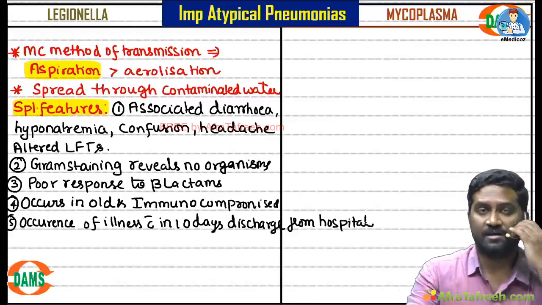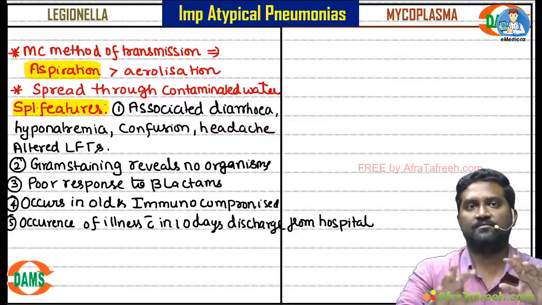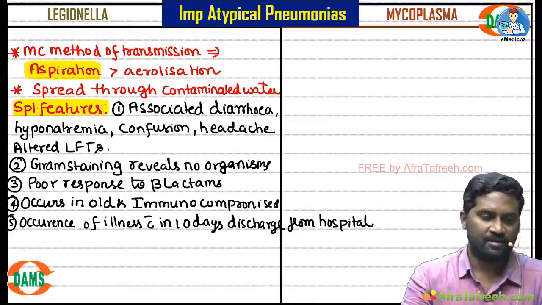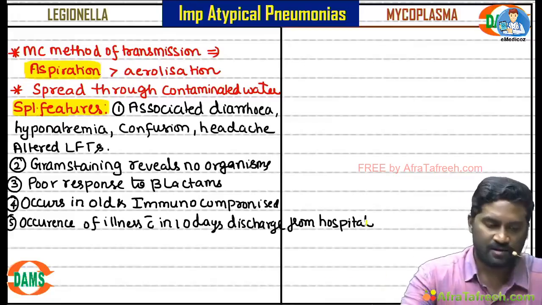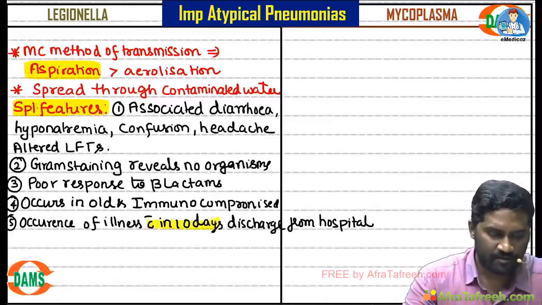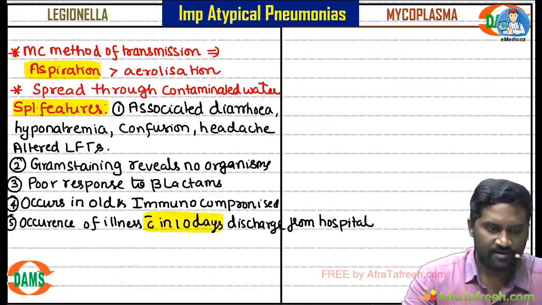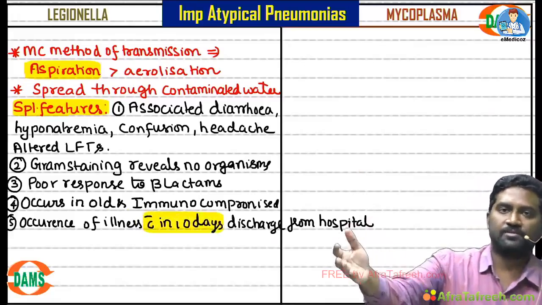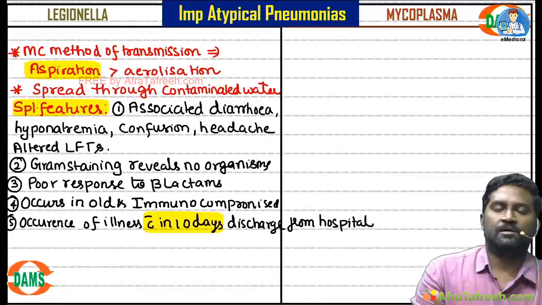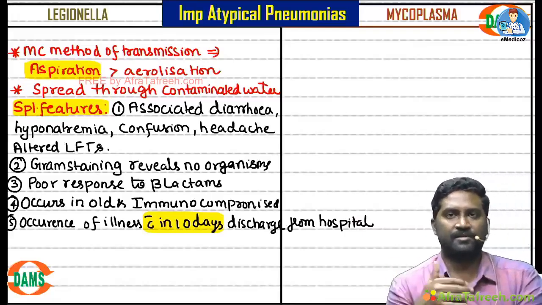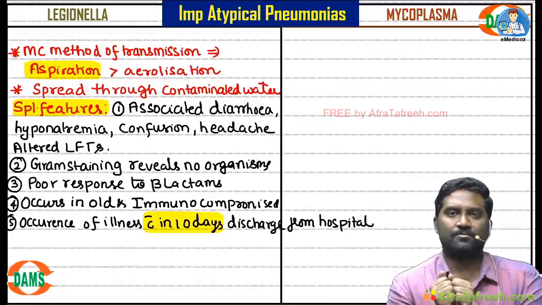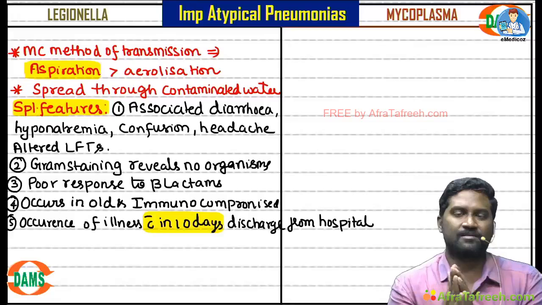Now what is this entity? Legionella has a prolonged incubation period, 7 to 10 days. Today the patient might be admitted to hospital because of some other disease. He might have taken the contaminated water and got infected with Legionella.